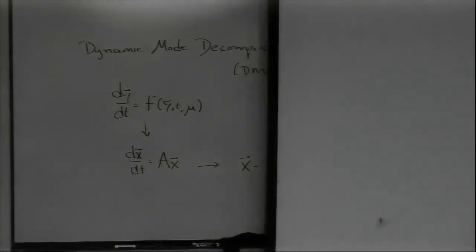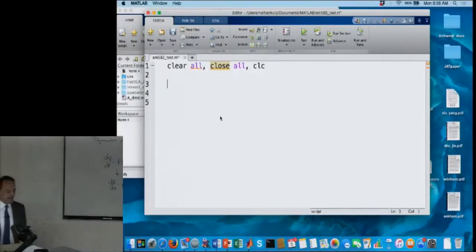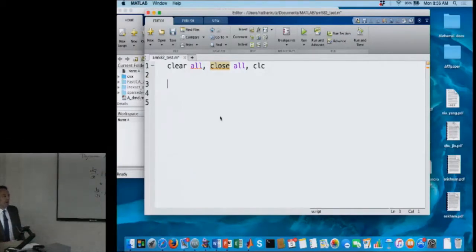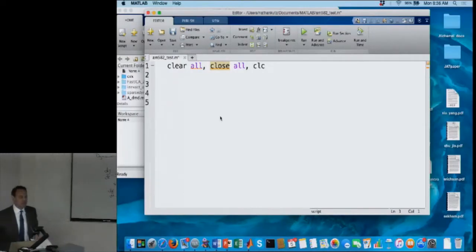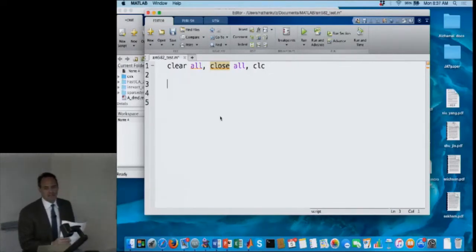So let me bring this back up. I just want to, again, point out to you that many data analytic tools are originally defined as just an algorithm. And that's the same thing with DMD. It's just an algorithm. In fact, if you look back at the clustering and classification lectures, many of those schemes are just defined as an algorithm.